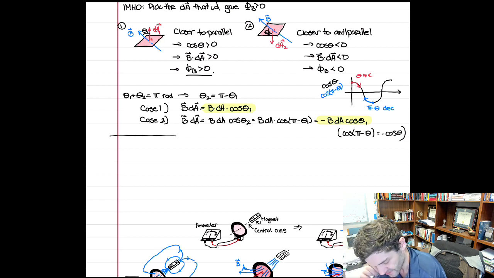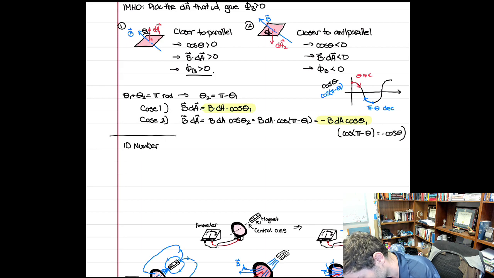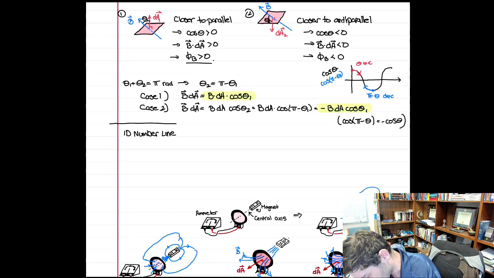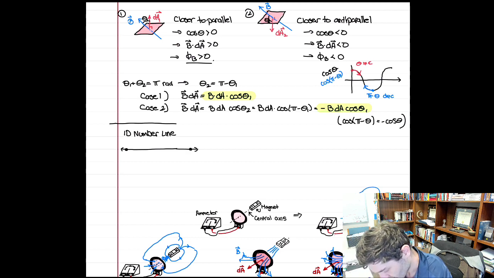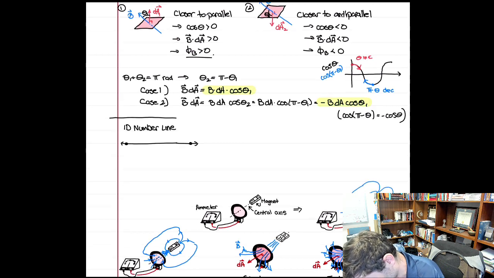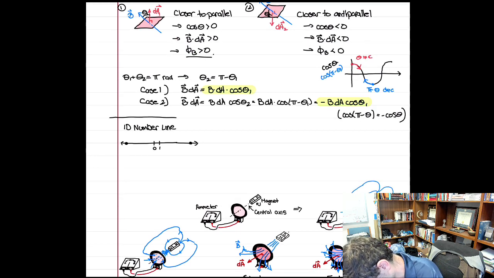So let's just think of a 1D number line, and let me do a couple examples. The number line, of course, keeps going in both directions forever. This is 0, this is 1, 2, dot, dot, dot, negative 1, negative 2, dot, dot, dot.